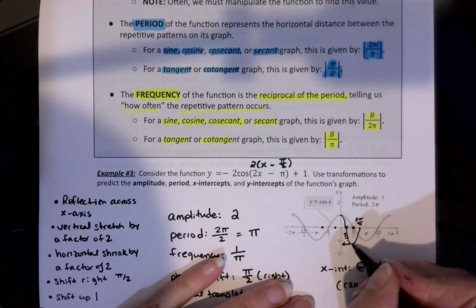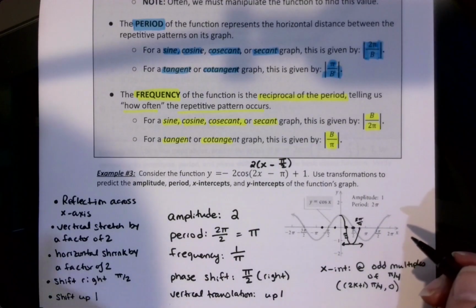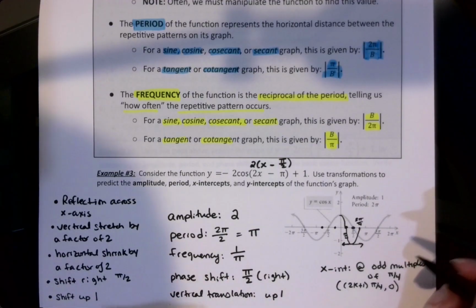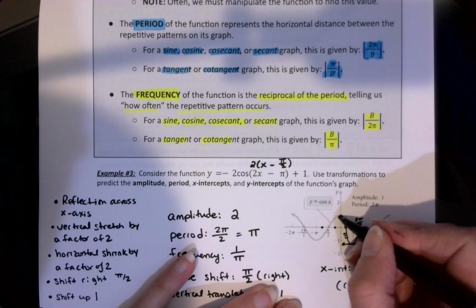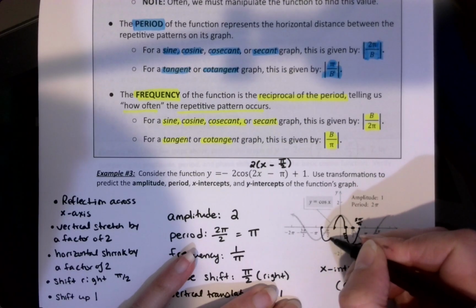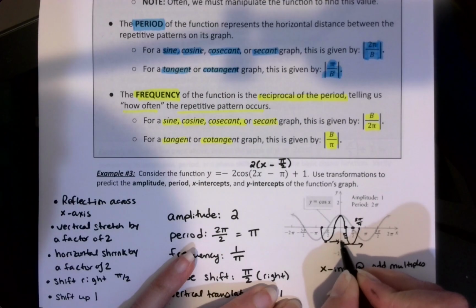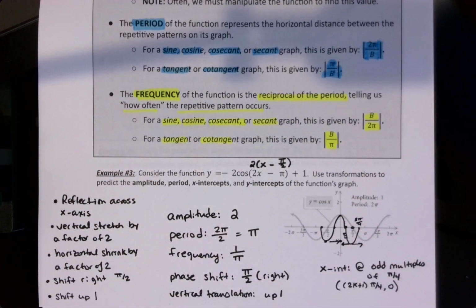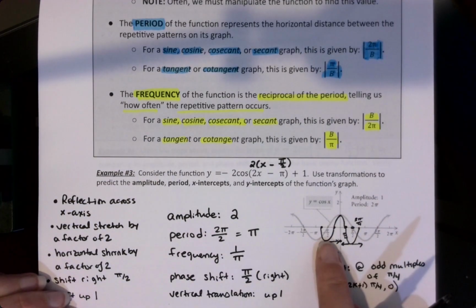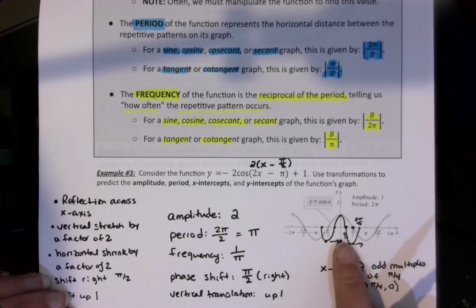So sorry, we're shifting this way. If I shift to the right by pi halves, this guy is going to be moving over to the y-axis. So this point right here would be my new y-intercept.